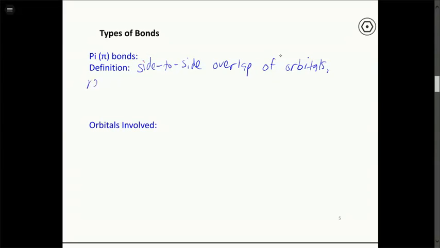And what this results in is regions of electron density above and below the bond axis. So the shared electron density is not in between the nuclei, it's kind of above and below the nuclei this time.